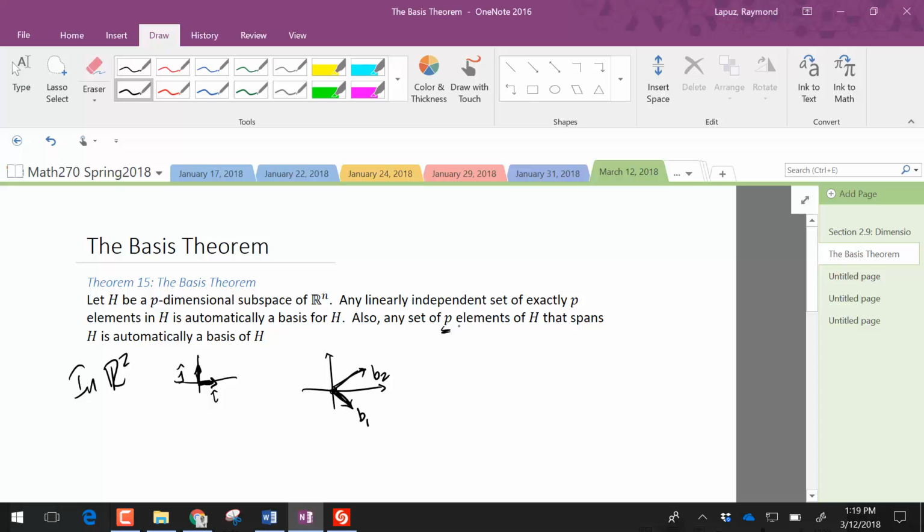Remember that a basis has 2 requirements: the vectors have to be linearly independent, and they have to span whatever you're talking about. So this is almost saying what the definition says. Okay?